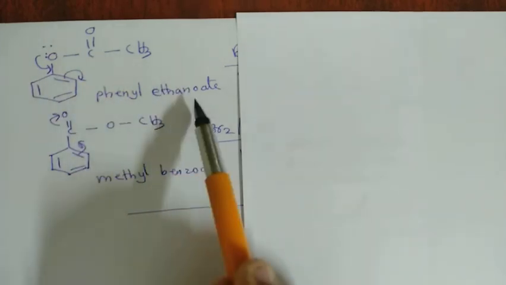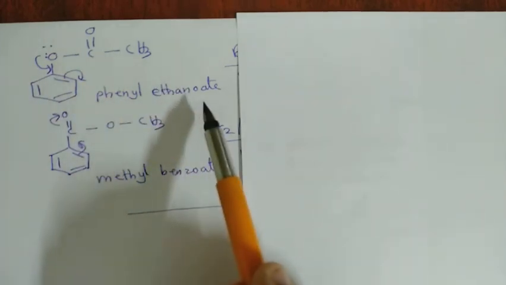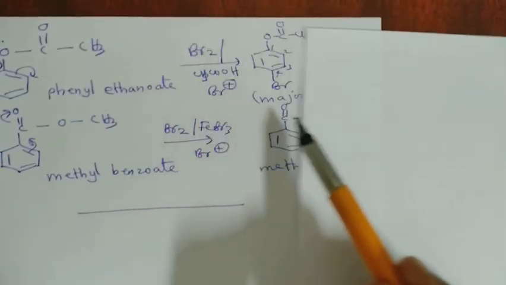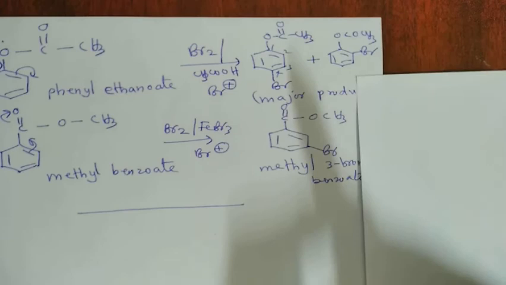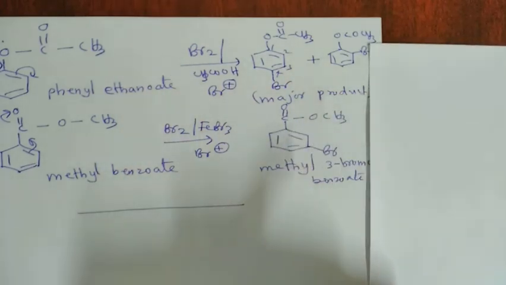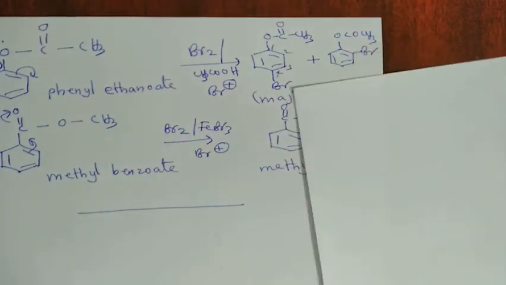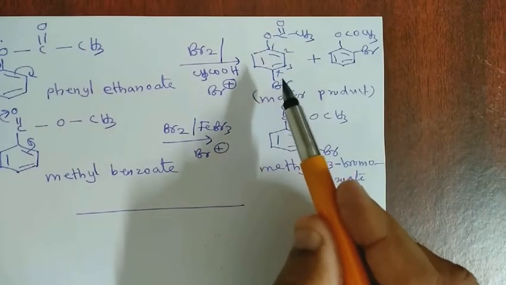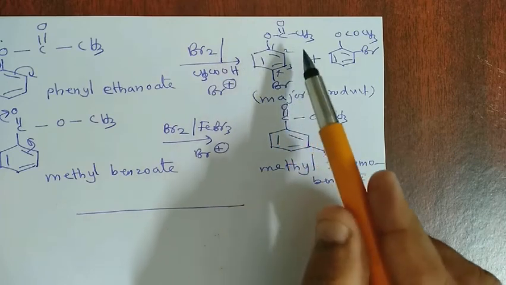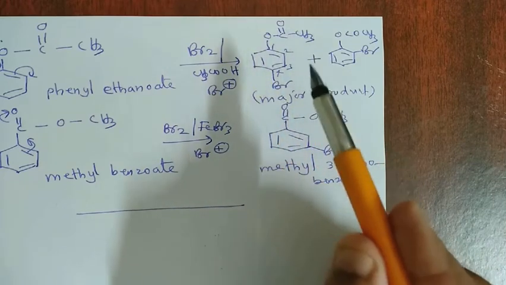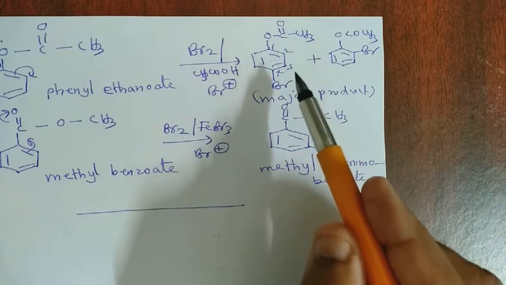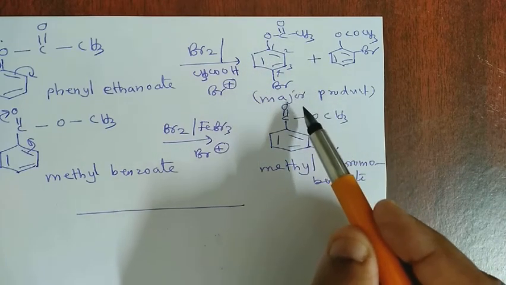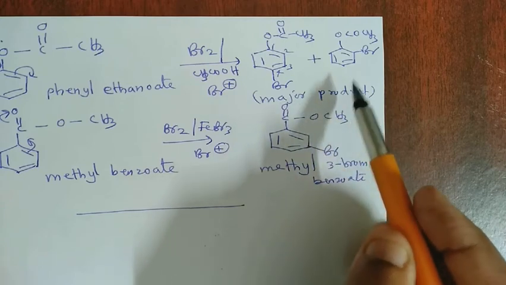When this compound, phenyl ethanoate, is treated with a solution of bromine in glacial acetic acid, acetic acid being the solvent, the major product obtained is para-bromophenyl ester, that is para-bromophenyl acetate or 4-bromophenyl ethanoate.